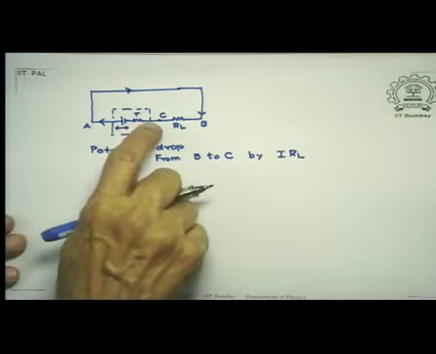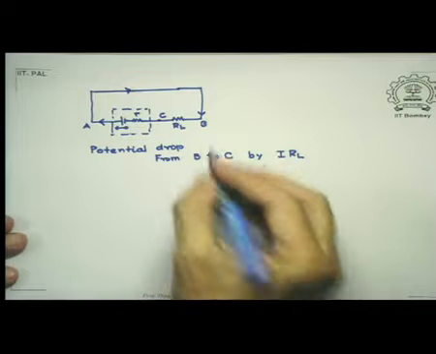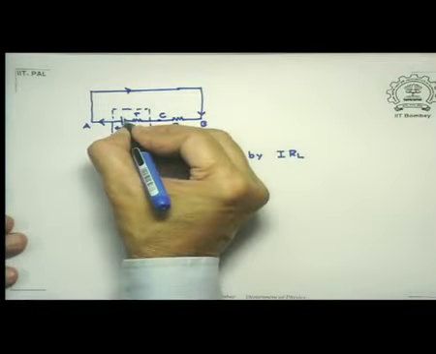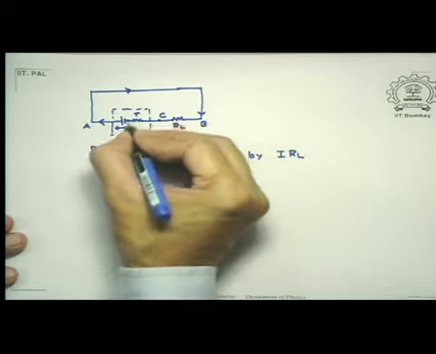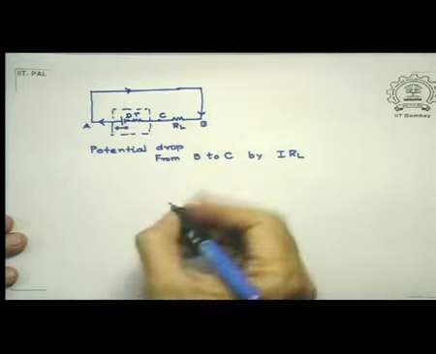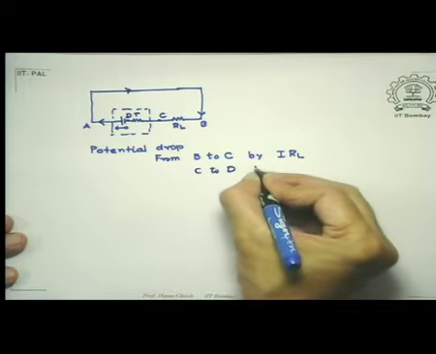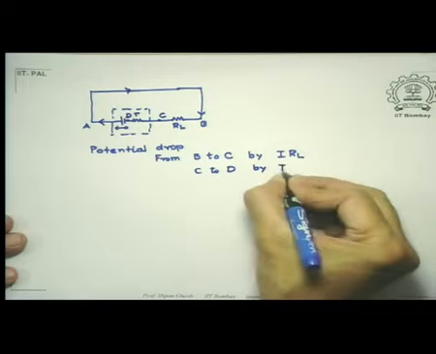Then I get into this part where the source of EMF has also an internal resistance, small r. So if from C I come to this point, just cross the internal resistance, which is a representation, from C to D, it drops by I times small r.